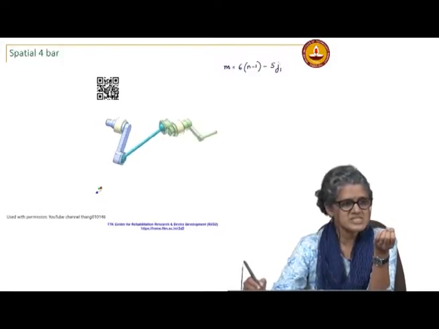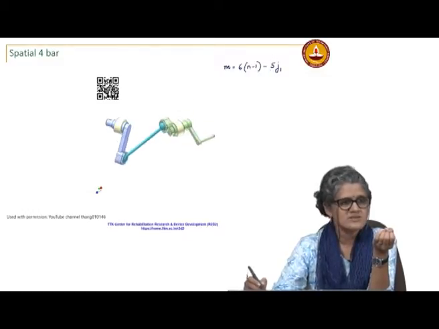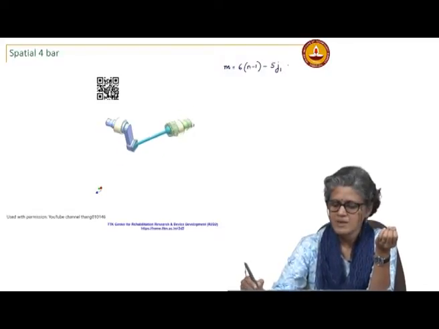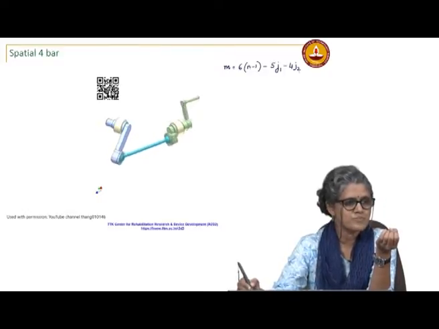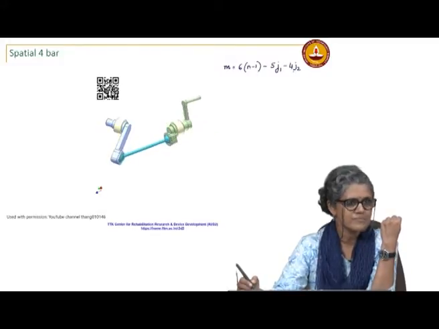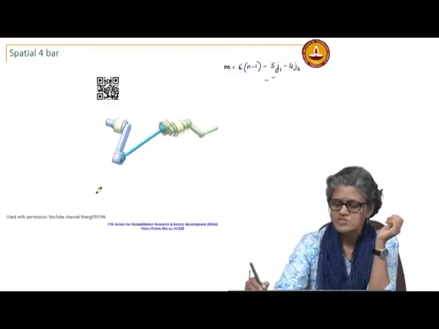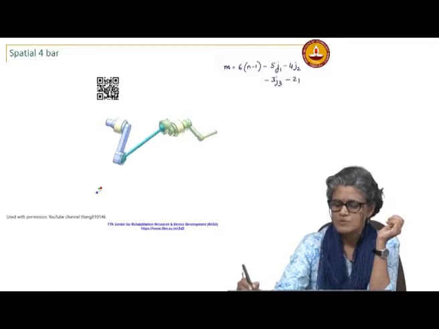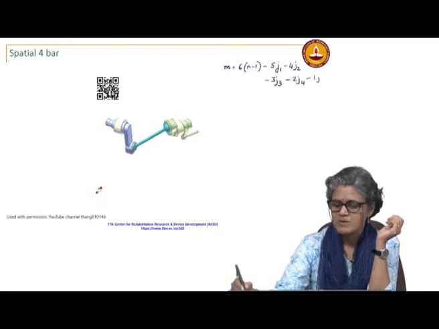So, for every J1 in the mechanism, I am losing 5 degrees of freedom. So, that is what this means. Similarly, if I have J2, if it allows 2, it is taking away 4, and so 4 J2 would be the number of, and so on, J3 to J4, J5.